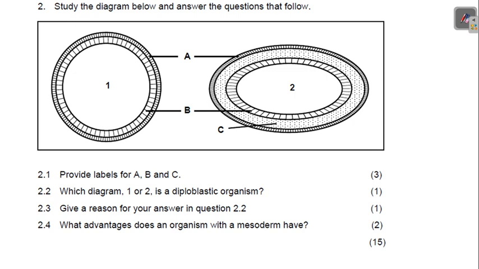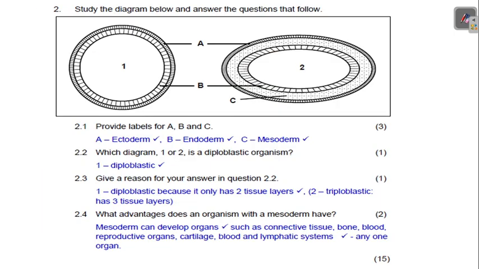Right, I believe you're done. Let's look at your answers for question 2. Right, labels, obviously the outermost one, A will be your ectoderm, and then B will be your endoderm, the innermost layer, and then C is your mesoderm, only found in this one only.